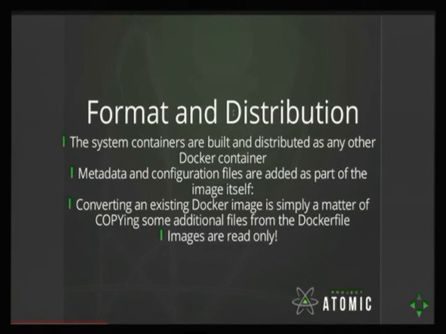And very important, images are read-only. While this is a good pattern to follow for any kind of container, that you keep your image read-only and only the storage is writable, so it's clear what is the image and what is modified, in system containers this is enforced. It's not possible to have writable images.